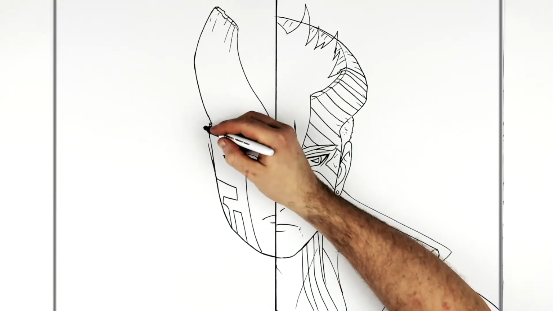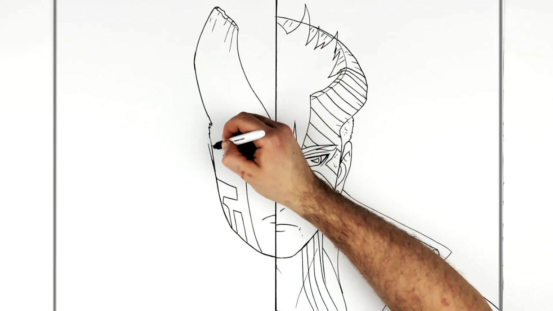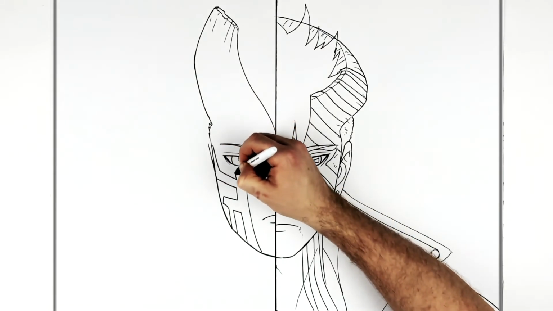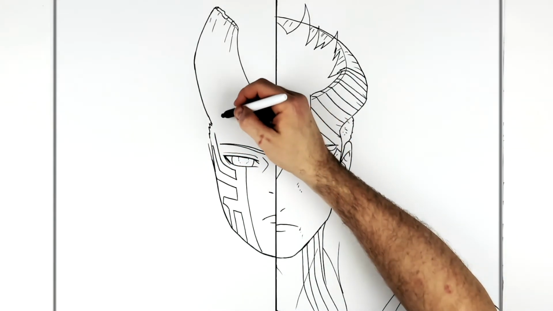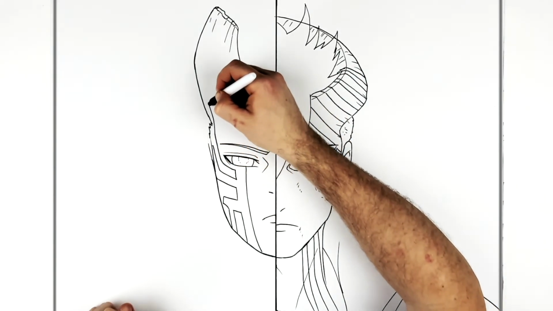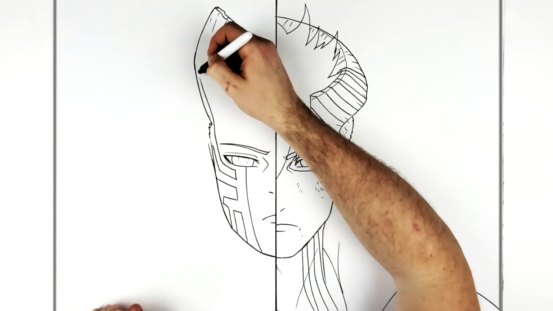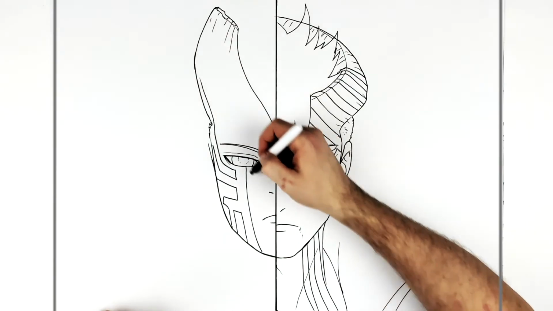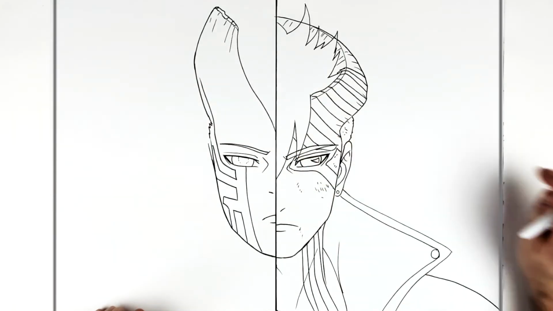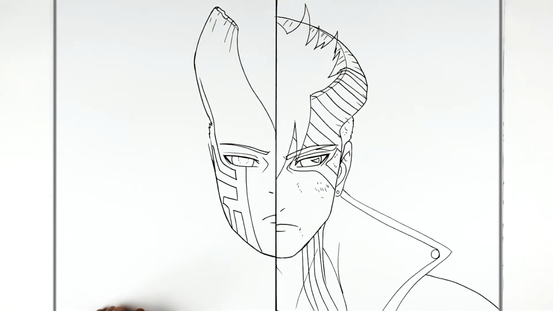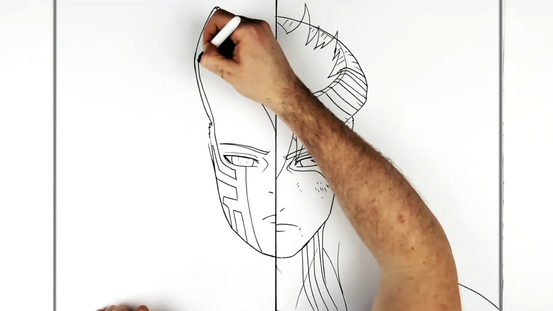So it goes up back in here, down, up. And then this goes around all the way, it looks like, to the top of the horn. So we'll curve it around. Yeah, we'll go all the way up to the top. We'll just follow this line.